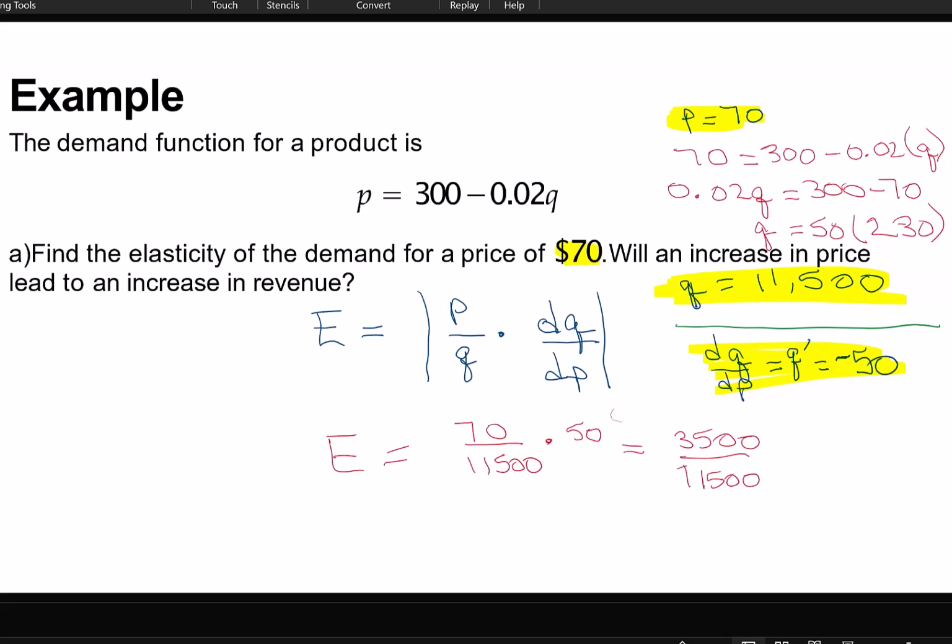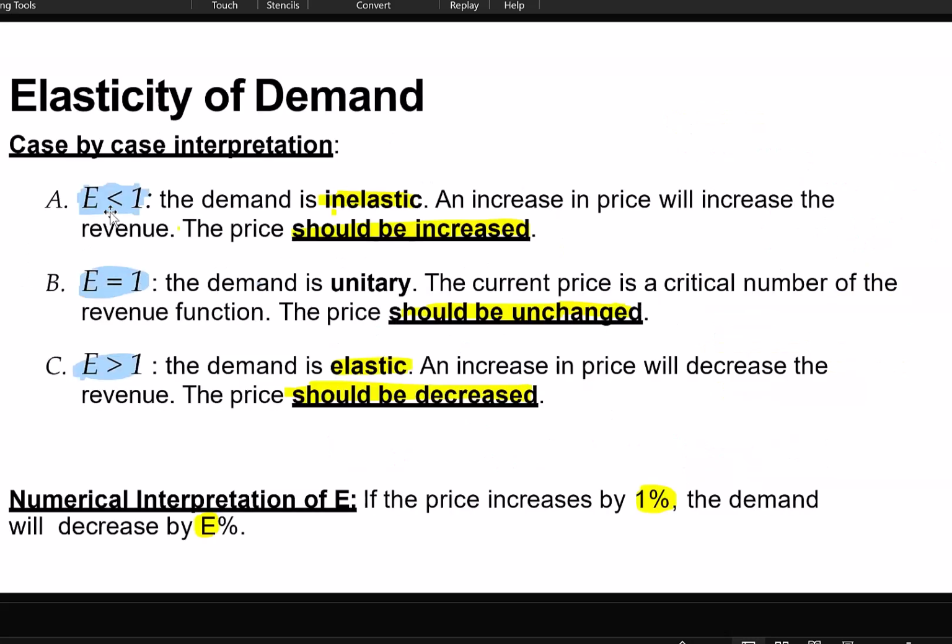I don't actually need to know what that number is to answer this question. I know this is less than 1. E is less than 1. Let's see what that means. When E is less than 1, the demand is inelastic and the price should be increased.